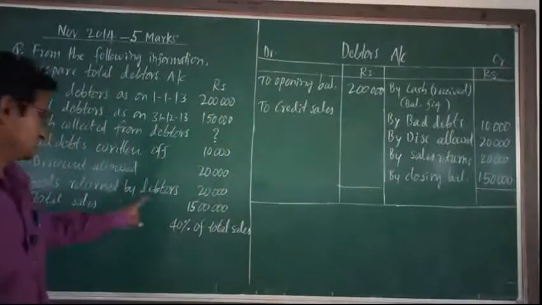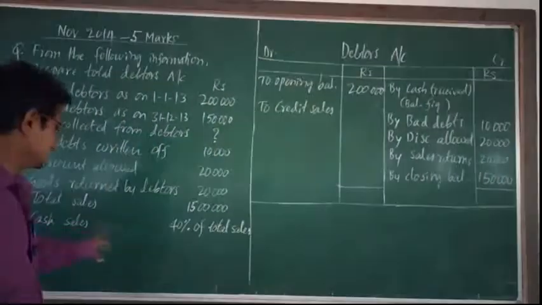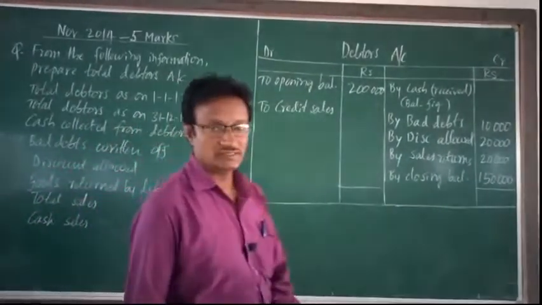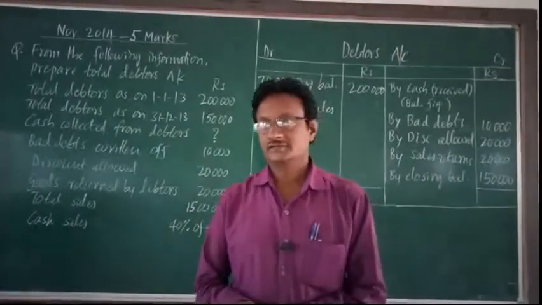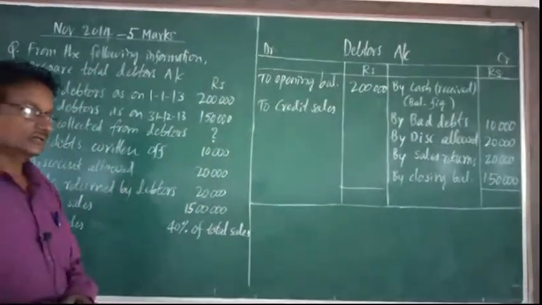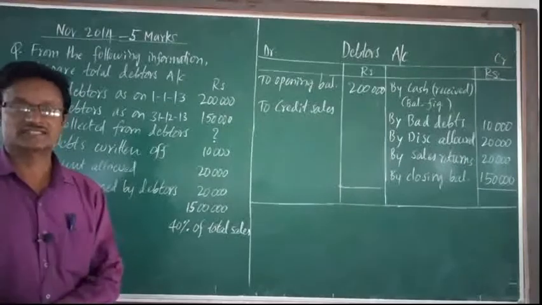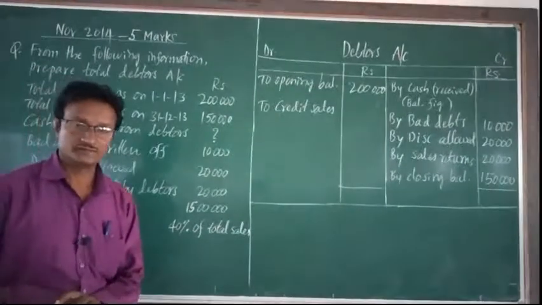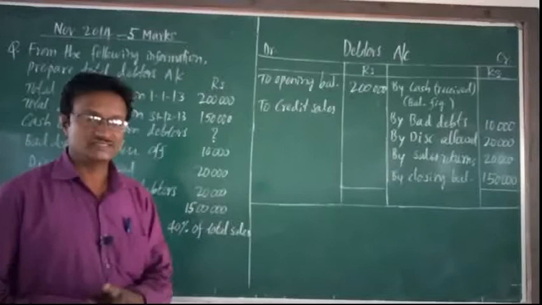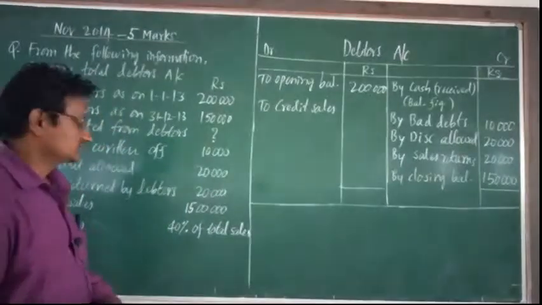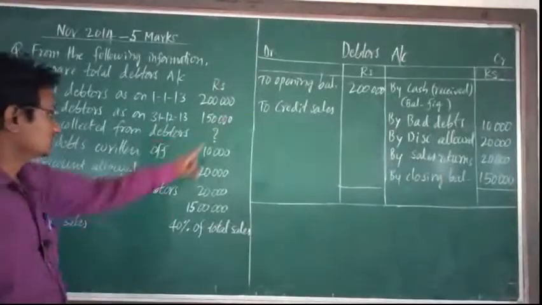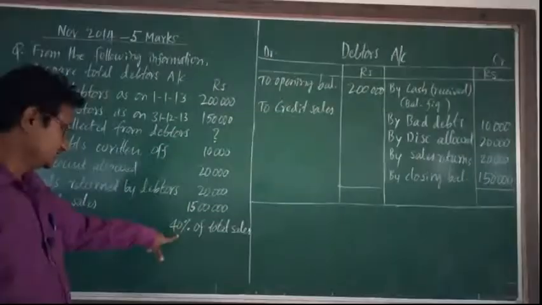And next item is total sales 15 lakh, and cash sales is 40% of total sales. We have known earlier that cash sales plus credit sales is equal to total sales. So out of the total sales, if cash sales is deducted, we get the credit sales, or out of the total sales, if credit sales are deducted, then we get the cash sales. Here we have to ascertain the credit sales from these 2 items.